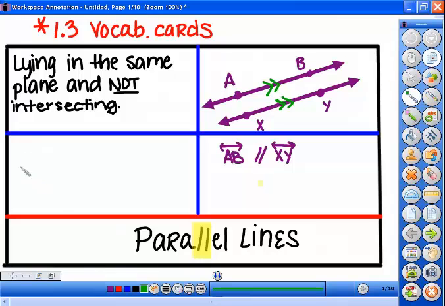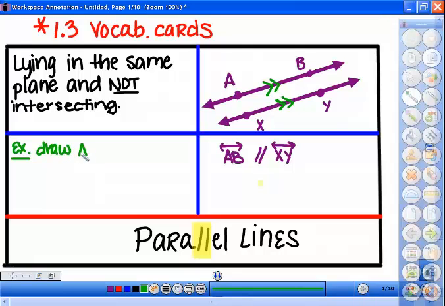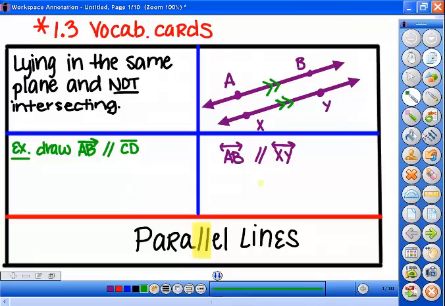For an example, if you want to try another, if you are asked to draw ray AB parallel to segment CD, you could start with either one of these.